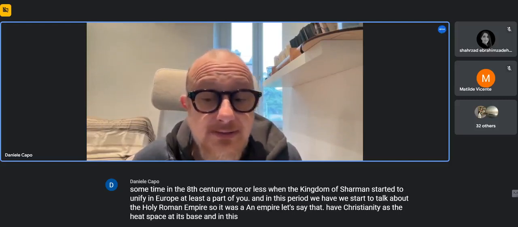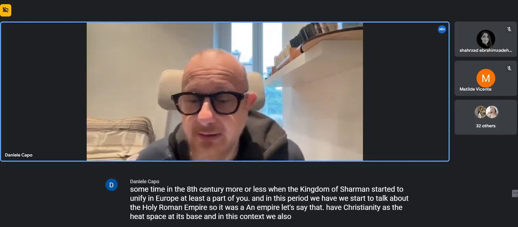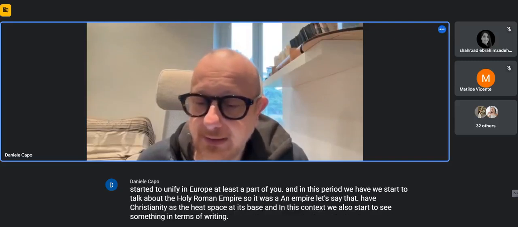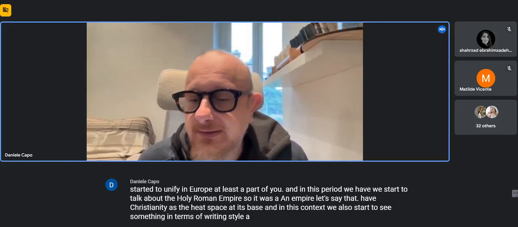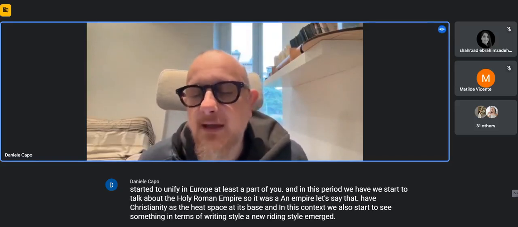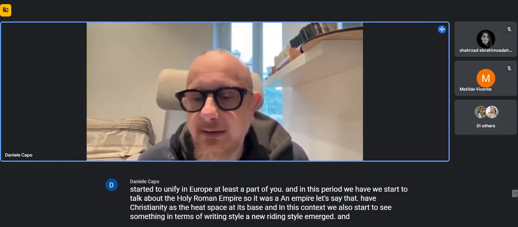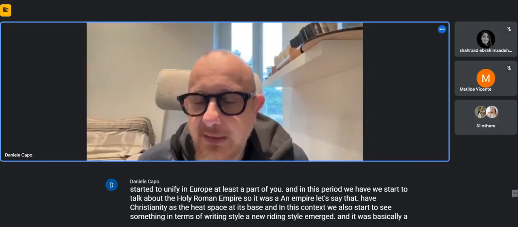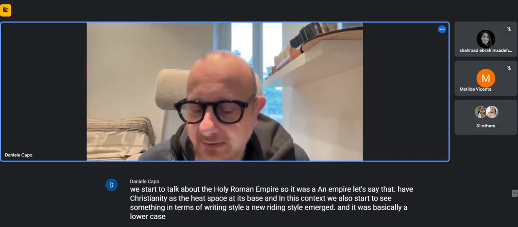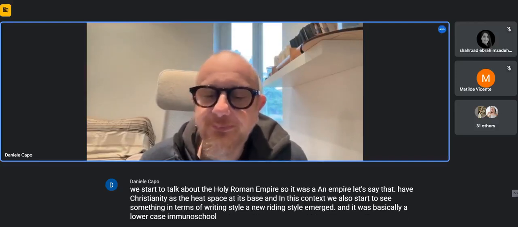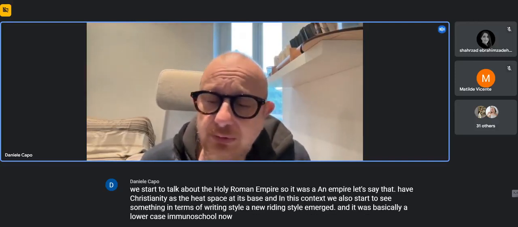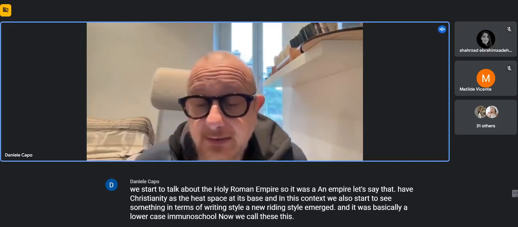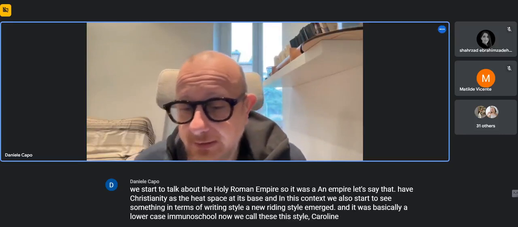And in this context, we also start to see something in terms of writing style. A new writing style emerged, and it was basically a lowercase, a minuscule. Now we call this style Carolingian writing.